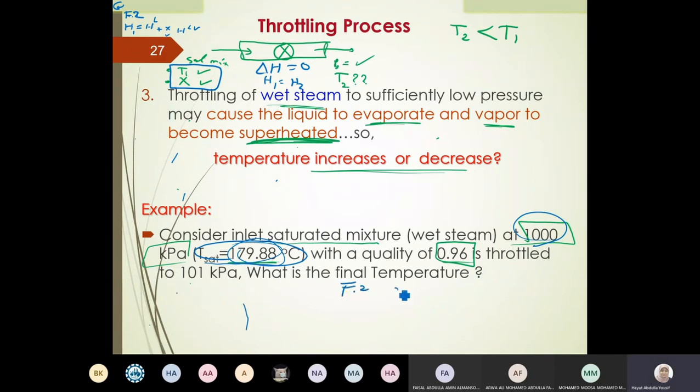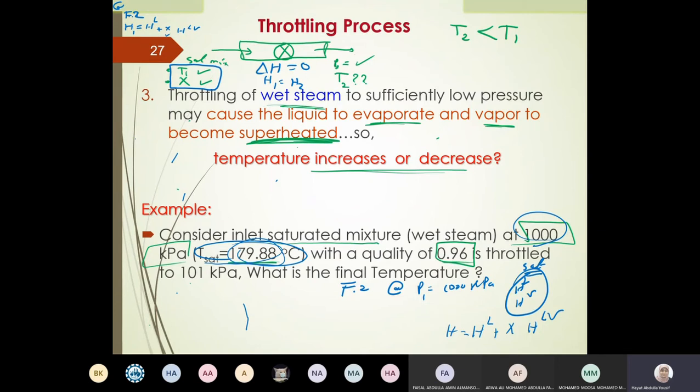So again, I will repeat, you will go to table F2 at a pressure P1 equal to 1000 kilopascal. You will get the saturated properties, meaning you will get H liquid and H vapor, and then you will substitute in H equal to HL plus quality times HLV. You get the saturated properties from the first two columns of table F2.